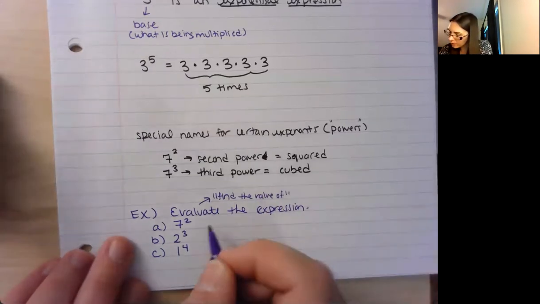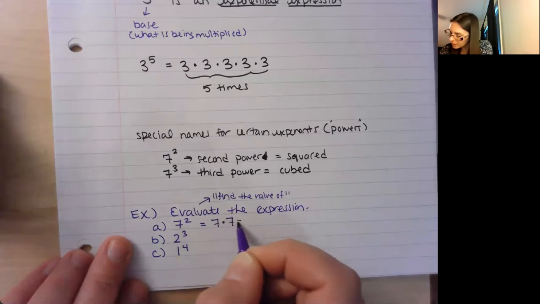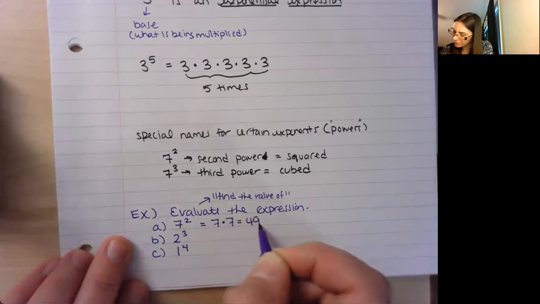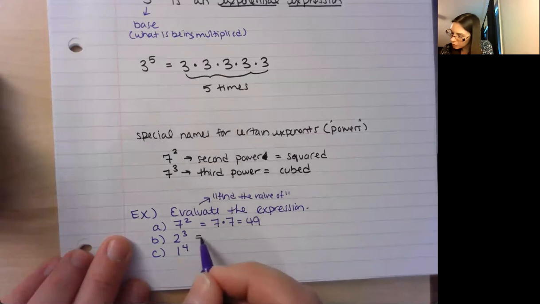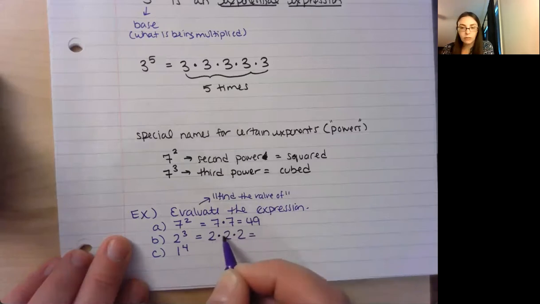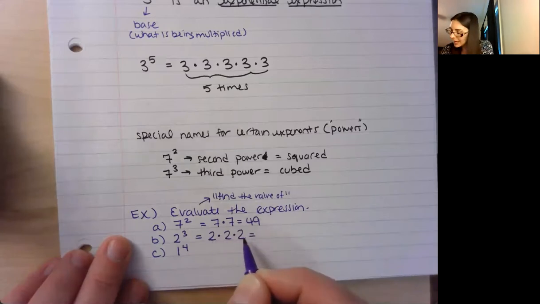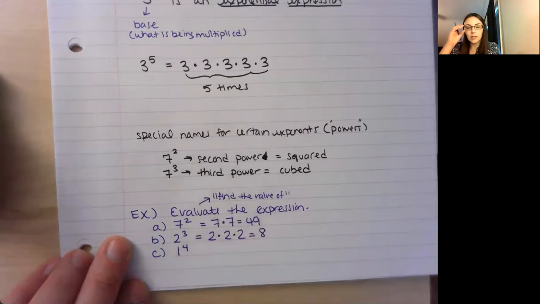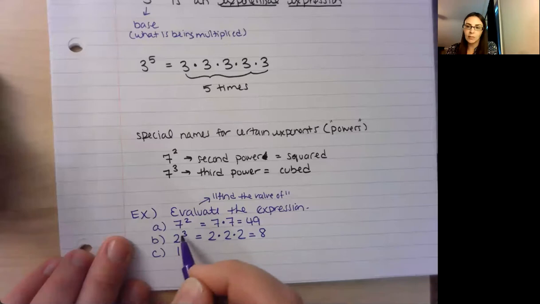So 7 squared means to take that 7 and multiply it out twice. 7 times 7 is 49. 2 cubed means to take that 2 and write it out 3 times. 2 times 2 is 4, times 2 is 8. Be careful, everybody wants to say 2 cubed is 6. This is not 2 times 3. This is not 7 times 2.